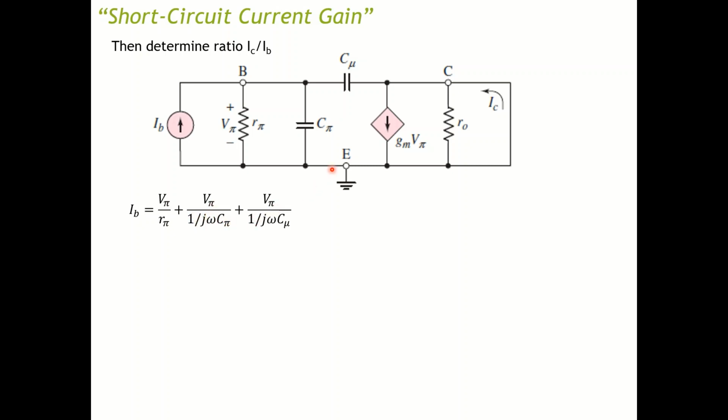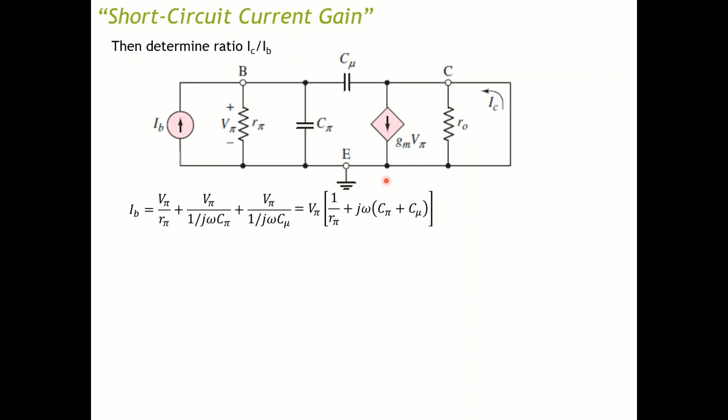You do the same thing. Since C is actually ground, the voltage across here and here is also V pi. So you do the same thing, have V pi over 1 over j omega C mu. You sum them up and you have the relationship. Now you just have to factor out V pi and you can have this term.